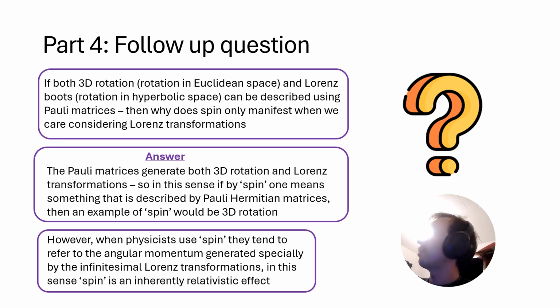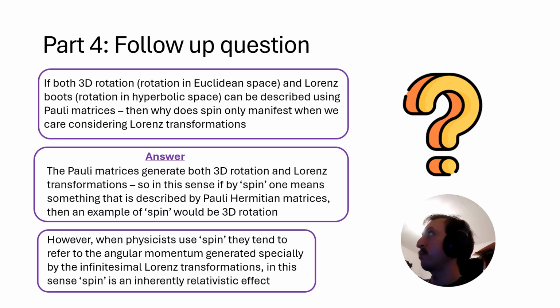However, if we look at the Hermitian matrices for spin, we have 2x2 matrices with complex components, whereas if we look at the rotation matrices, we have a 3x3 in space or 4x4 in space-time matrix.